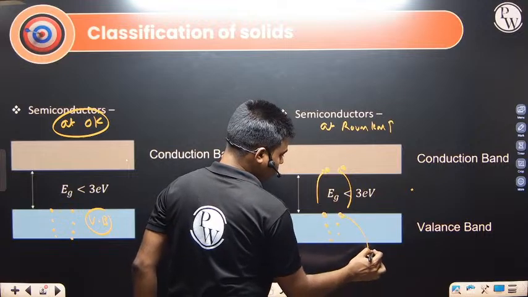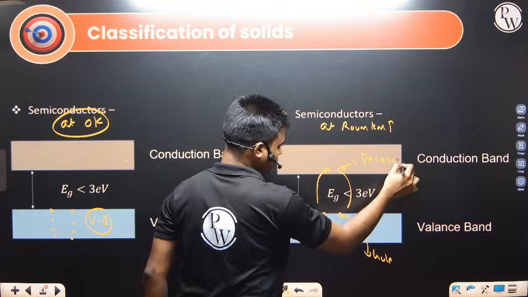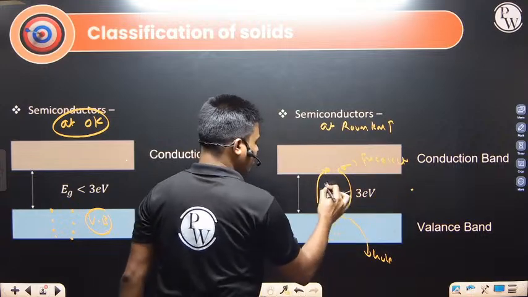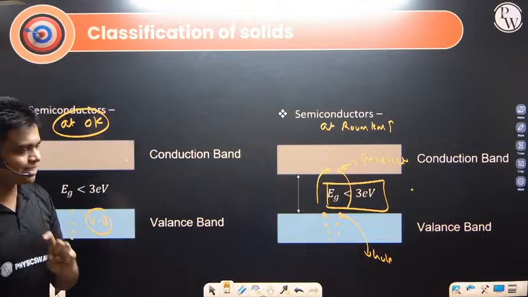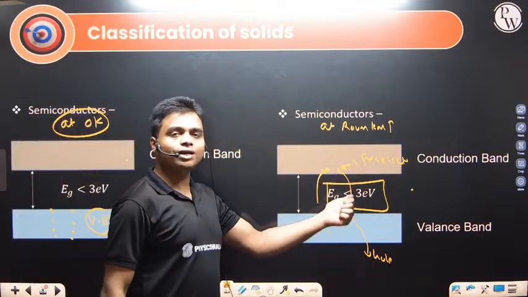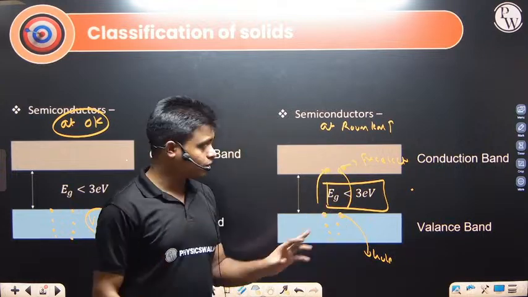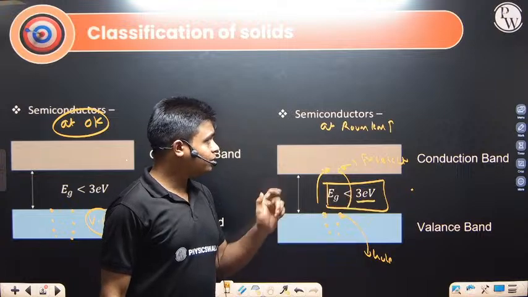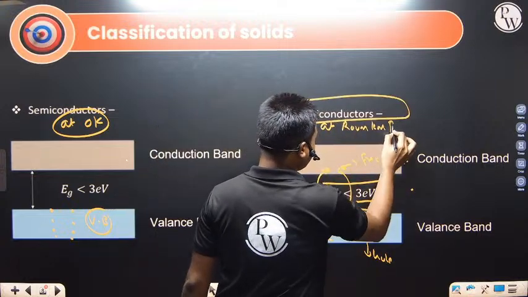This is what we define as a hole, and these are the free electrons, which we will be discussing shortly. Whenever the band energy gap, that is the lowest conduction band electron energy minus the highest valence band electron energy, is less than 3 electron volts, then the given material is a semiconductor at room temperature.